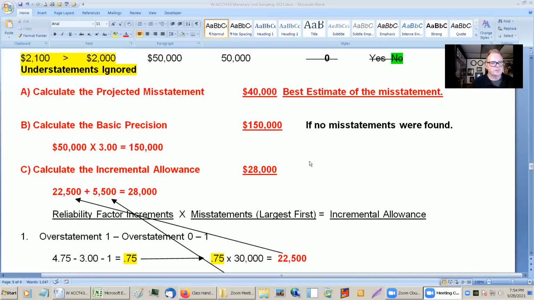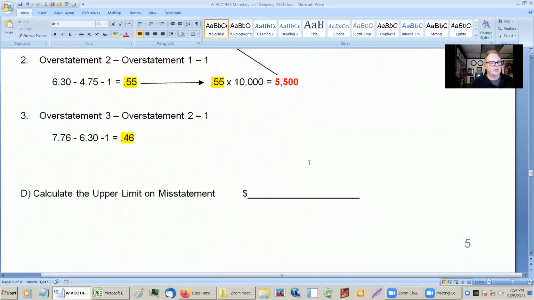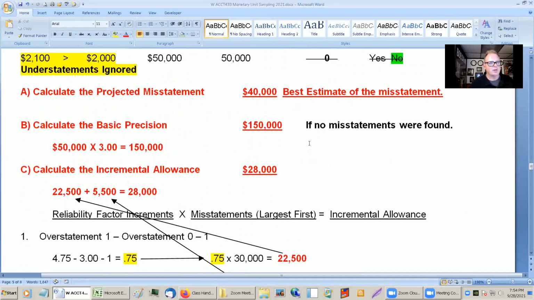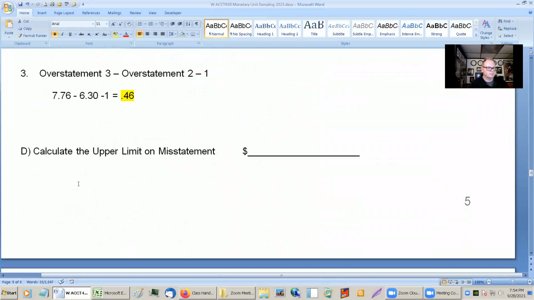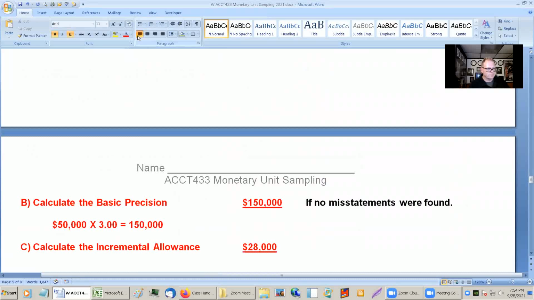All right, so coming down here, the upper limit would be these three. I was going to copy them and clean them up down here.